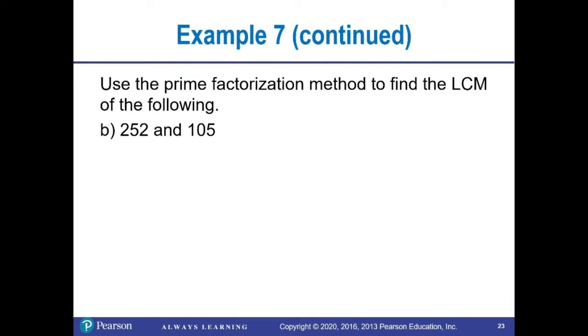Let's look at another example. Again, we're going to use the prime factorization method to find the LCM of 252 and 105. 252 would be 2 times 126. 126 is 2 times 63. 63 is 9 times 7, and 9 is 3 times 3.